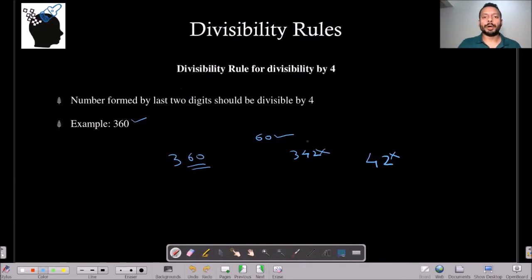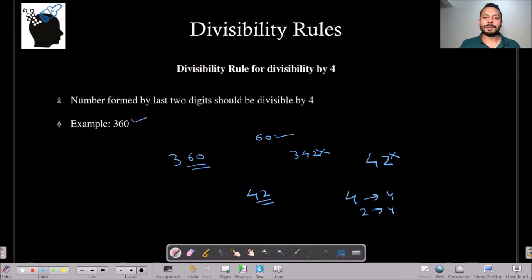It is very important for you to understand that it is the number formed by the last 2 digits and not the individual digits. So in this case, you shouldn't try to see whether 4 is divisible by 4 and 2 is divisible by 4 or not. You should just check whether 42 is divisible by 4 or not. That is sufficient to prove whether a number is divisible by 4 or not.